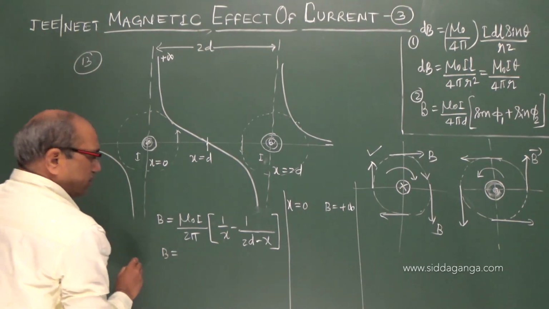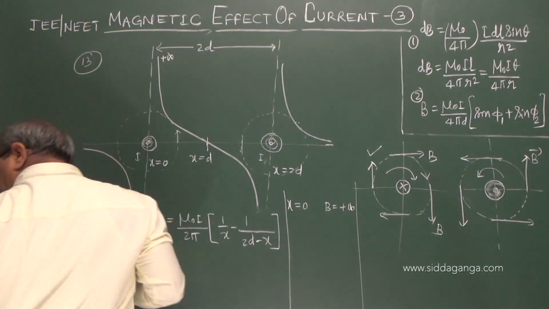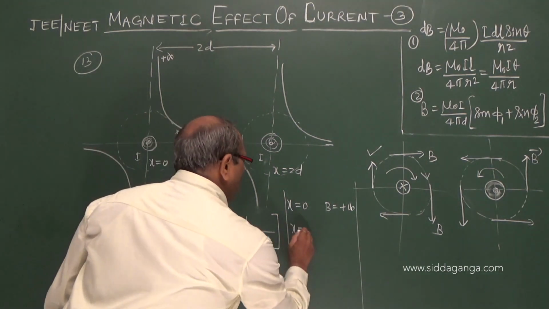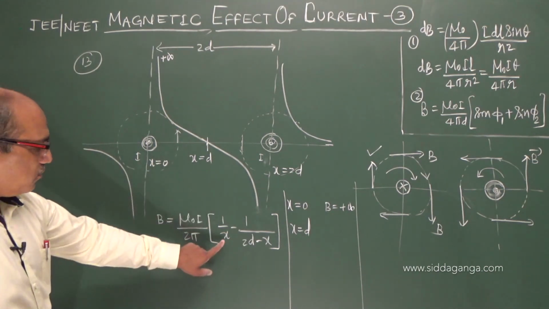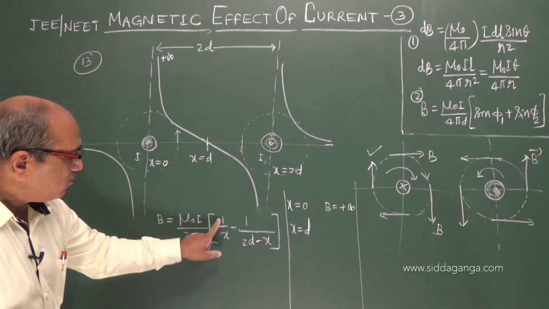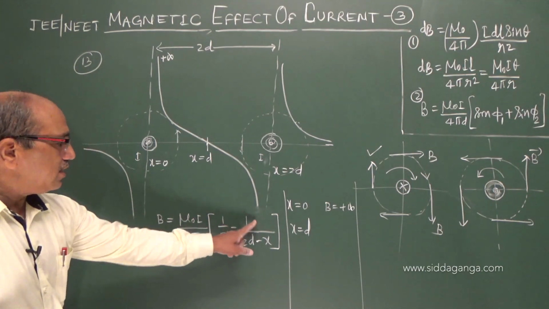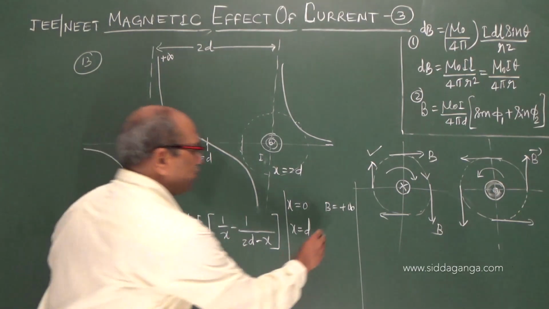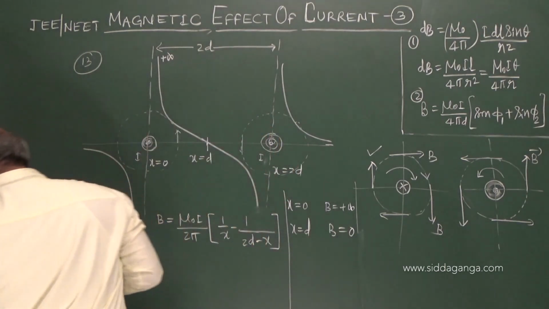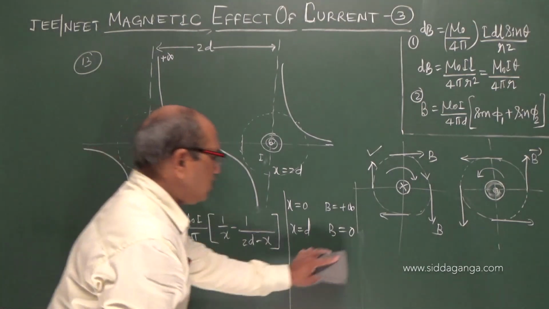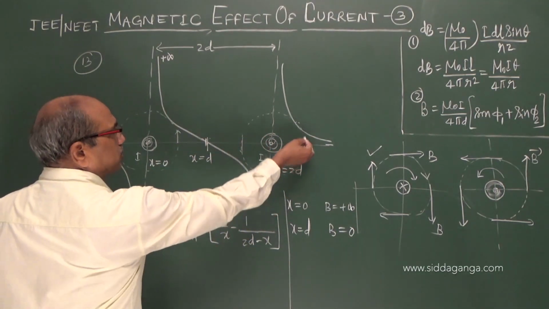Now x equal to D: if you put D here also D, it becomes 1 by D minus 1 by D, which is 0. The field becomes 0, which is what we observed at this point.